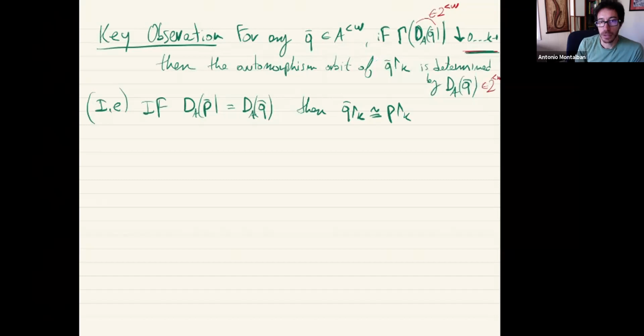If another tuple has the same finite binary string, the same atomic diagram, then they're going to be automorphic. They're going to have the same automorphism orbit.